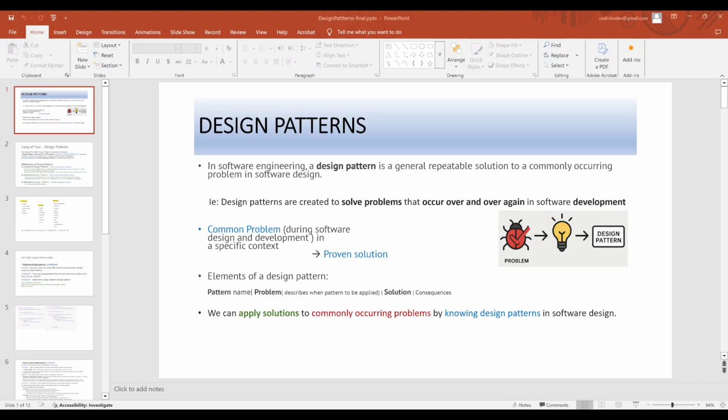They don't give you code which you can copy and paste, but they give you a proven approach to structure your solution the right way. That's what design patterns offer you.